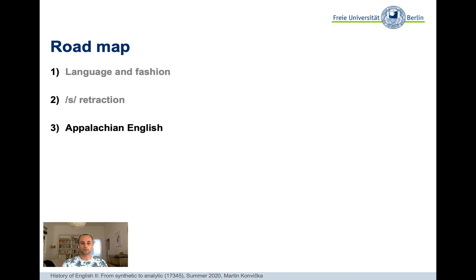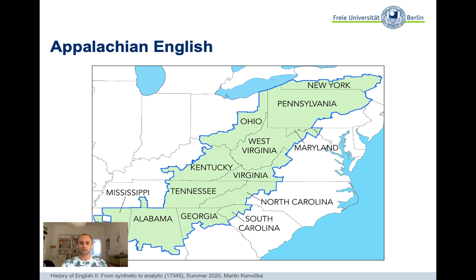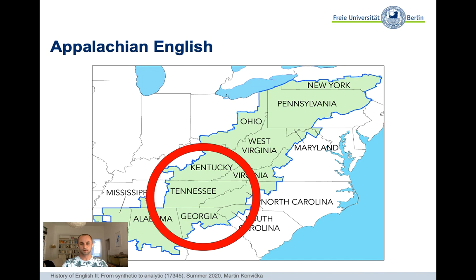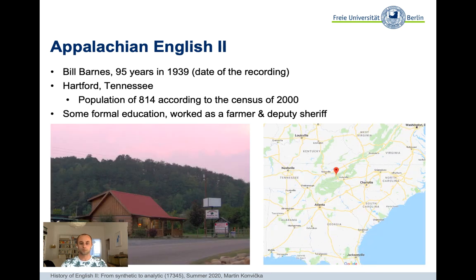And now let's have a look at Appalachian English, our last topic in this video. Appalachian English is a variety of English that is being spoken in this part of the US. And what we are going to do during our next online session is read texts written in Appalachian English.